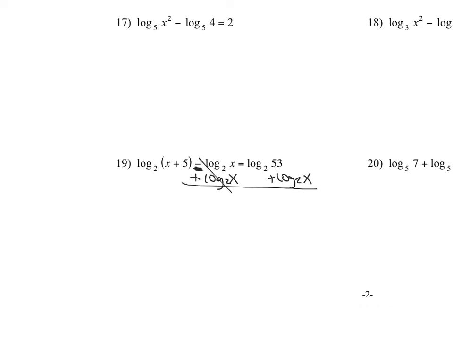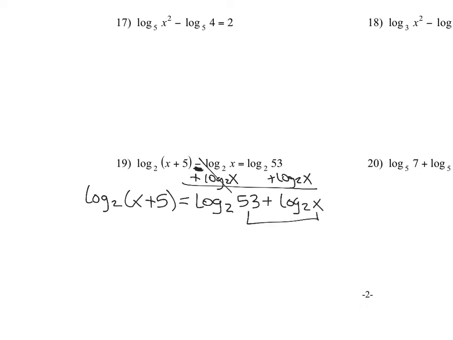Again, that just makes it easier to work with. So we have log base 2 of x plus 5 equals log base 2 of 53 plus log base 2 of x. Then we can just multiply those together to get log base 2 of 53x. And you can continue solving from there.